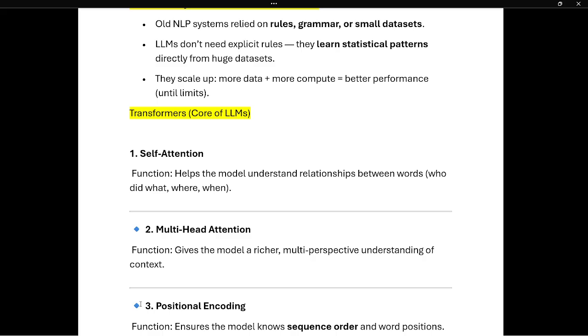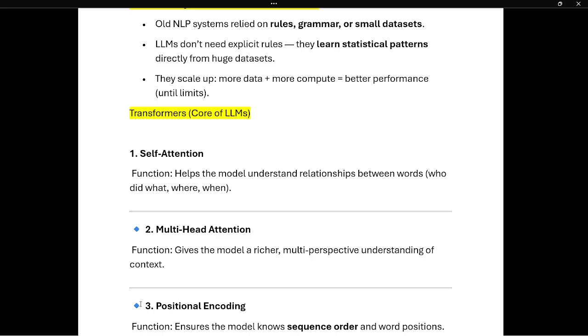That is the self-attention mechanism. Each token builds a context-aware meaning, not just the direct meaning. So self-attention helps the model understand the relationship between words, like who did what, where, when.